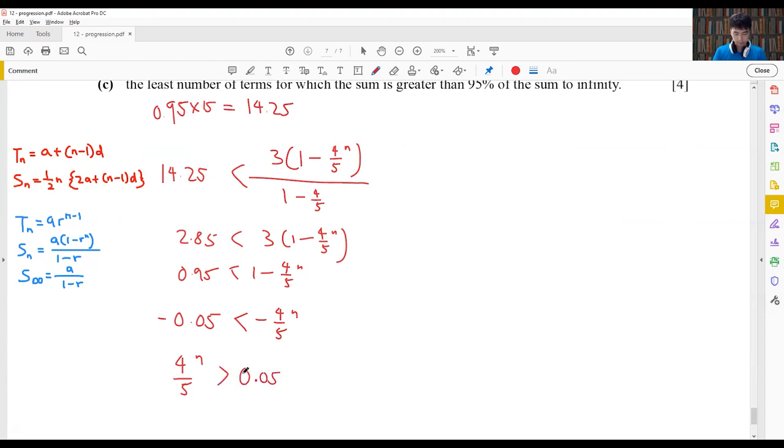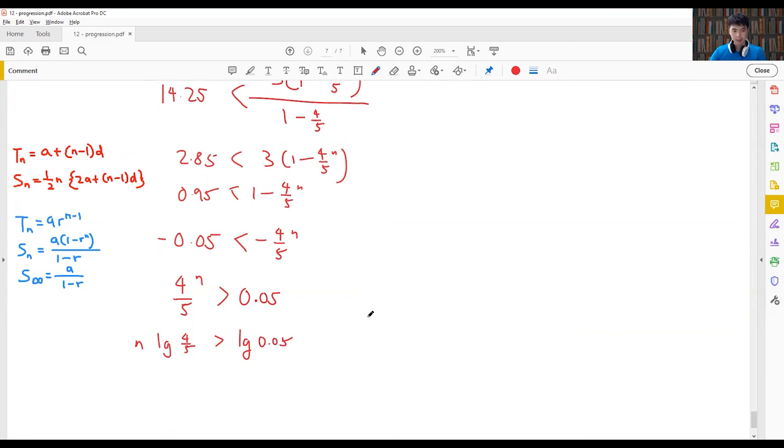Okay, then log both sides. Basically over here you have n log 4 over 5, which is 0.8, is greater than log 0.05. Okay, to find n, it's basically just log 0.05 over log 0.8.